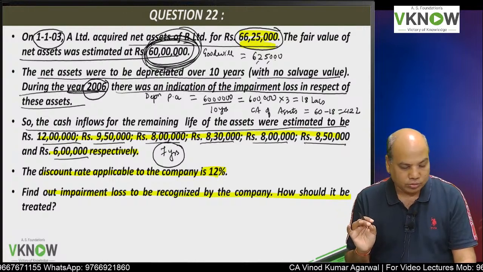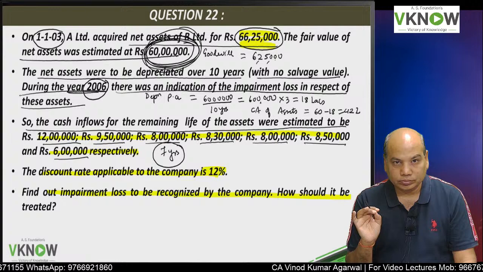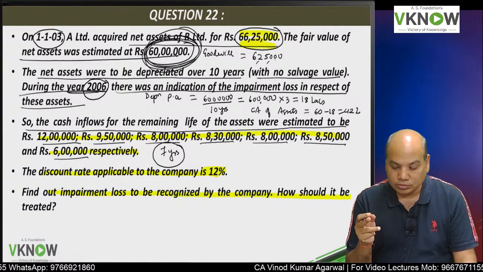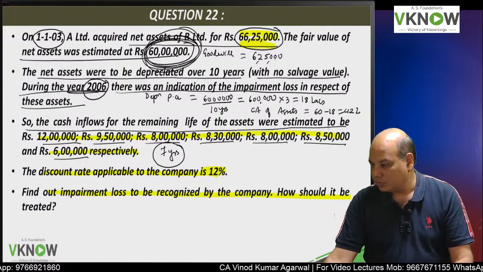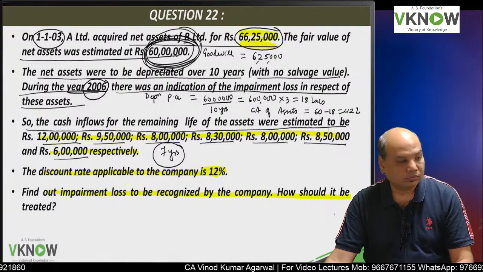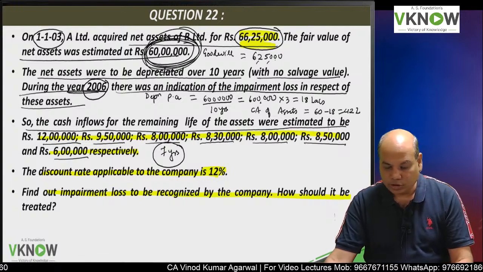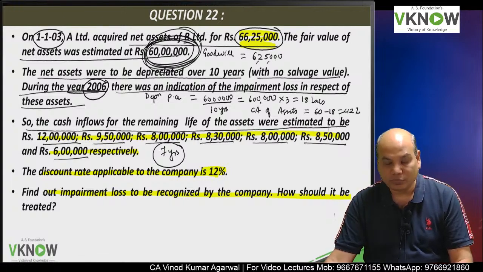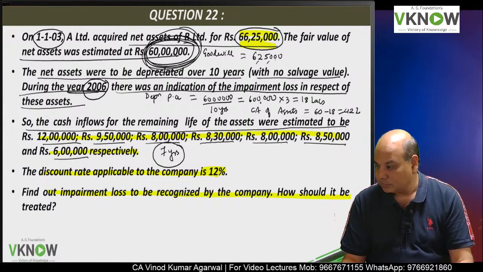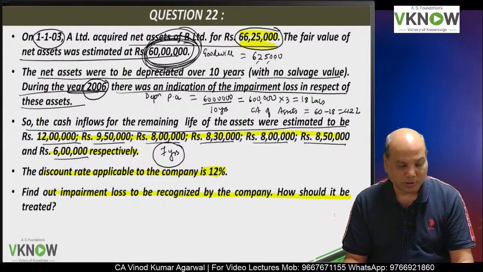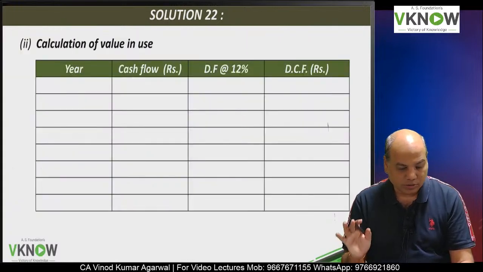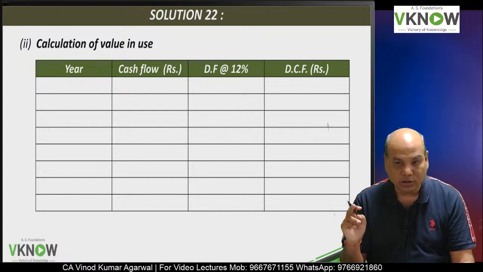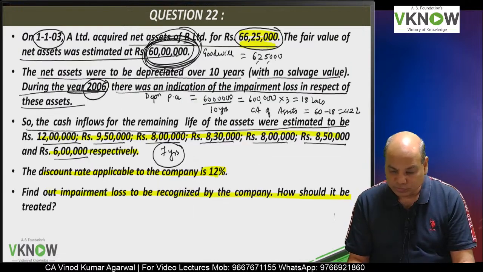So we will assume goodwill is not amortized. So goodwill will remain the same, but the asset will be depreciated and the carrying amount of the asset will be reduced. So let us first compute value in use, then we'll compute the carrying amount also.